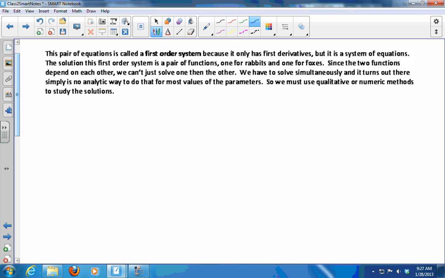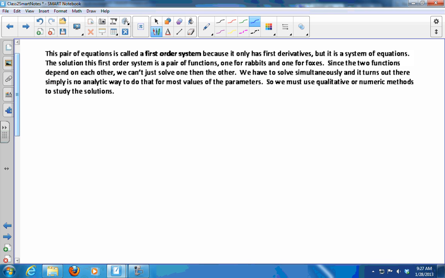You have to solve them simultaneously. And it turns out there simply is no analytic way to do it. There is no elementary function that we know about, polynomials, exponentials, trig. There's no combination of elementary functions that is a solution to this system of differential equations.